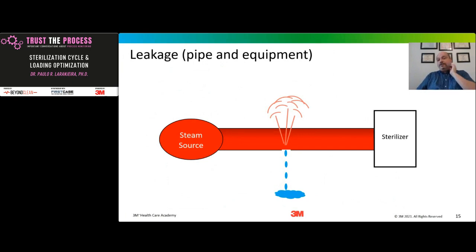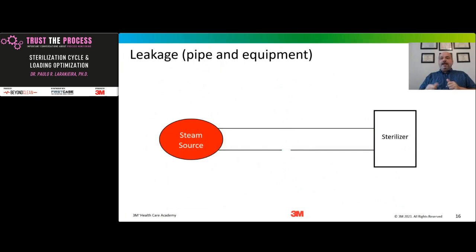This is because when you have a steam source that is pressurized, but your equipment is not running, and I have a leakage in my fittings, in a connector, on a tubing, whatever, steam is going to be coming out. Because of the temperature difference, it's going to cool down and create condensate, and I'm going to have water underneath my equipment.